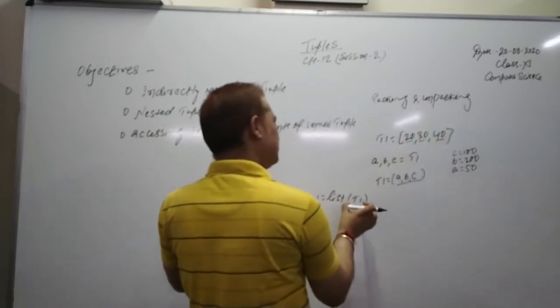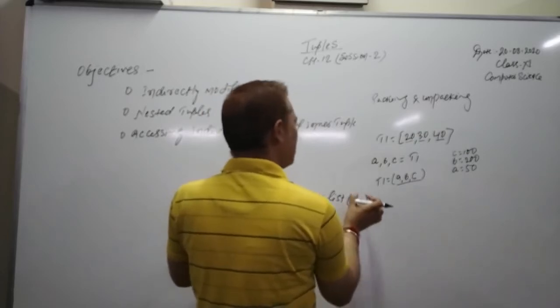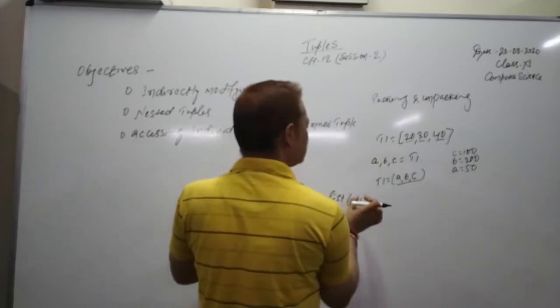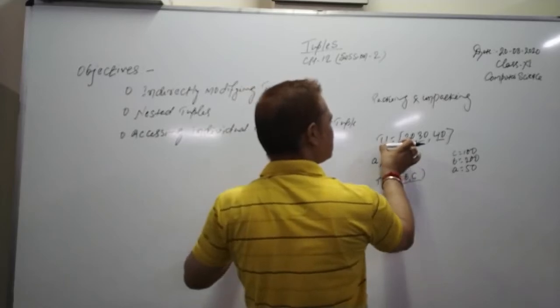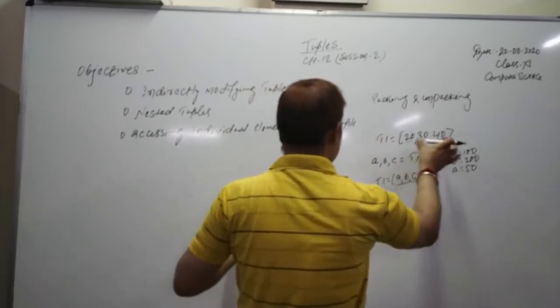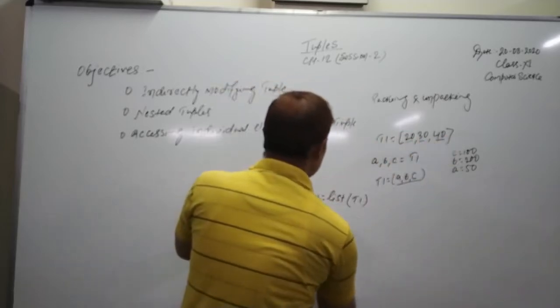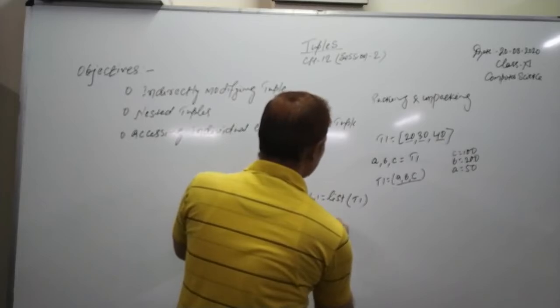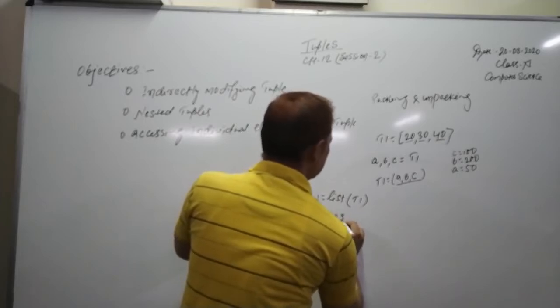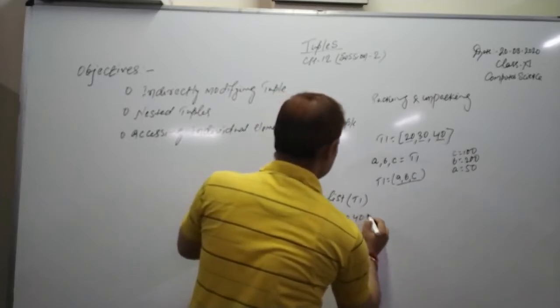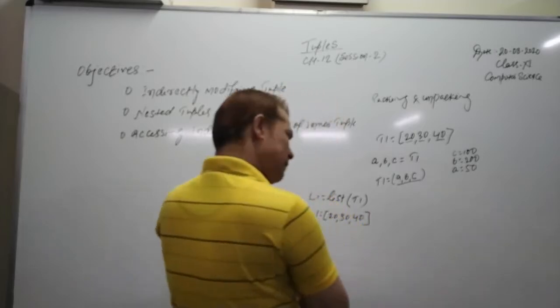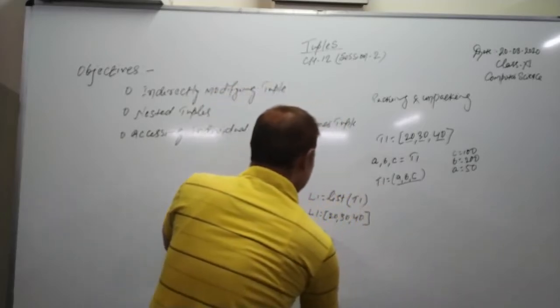So what is happening? You are creating a list using the list constructor, but inside the parameter you're passing the tuple. The tuple has three elements. It means L1 will now show you 20, 30, 40 in square brackets. Now you can amend any element because it's a list now.